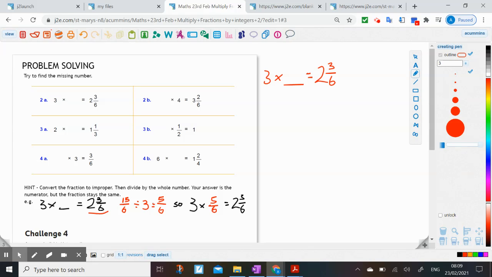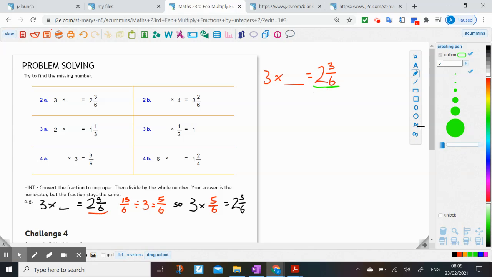Now, we could spend a lot of time trying random numbers to find a fraction that works. But if we convert that 2 and 3/6, we could then divide by 3 to find the missing number.